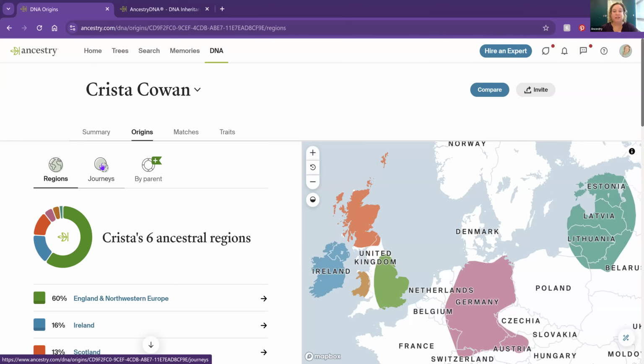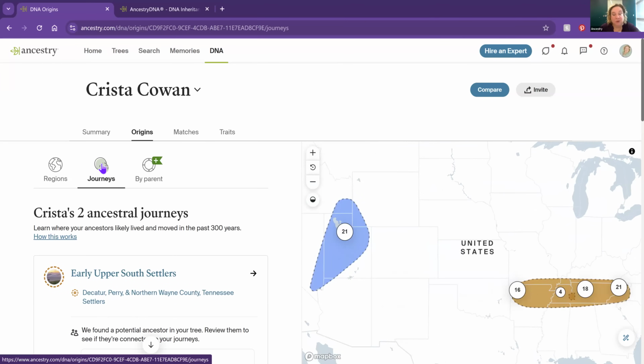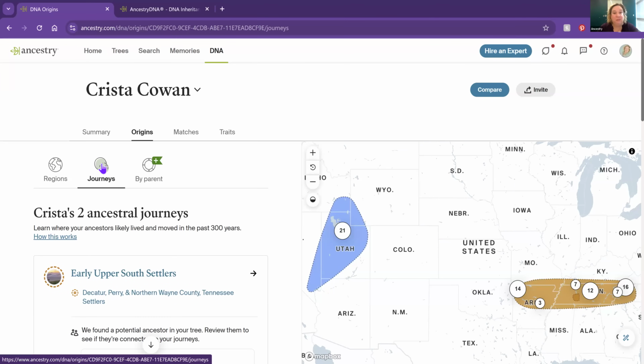The next part of your DNA origins results you're going to get is what's called journeys. So Ancestry has more than 25 million people who've taken the AncestryDNA test. It's the largest consumer genomic network in the world. And what that means is because we have so much data to work with, we've started to notice these patterns of clusters of people who match each other.